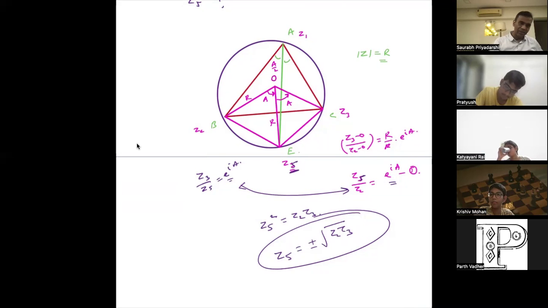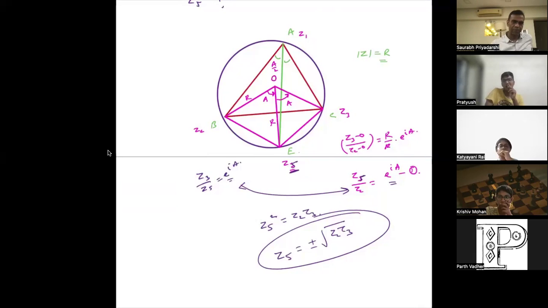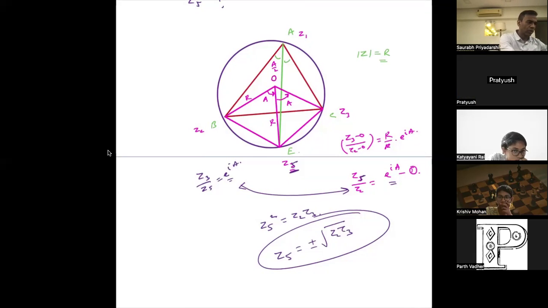Not exactly the same, but we have to manipulate this algebraically, right? So maybe I'll get something. So I have to work on that. The reflection. Check this out. Is this okay, everyone?